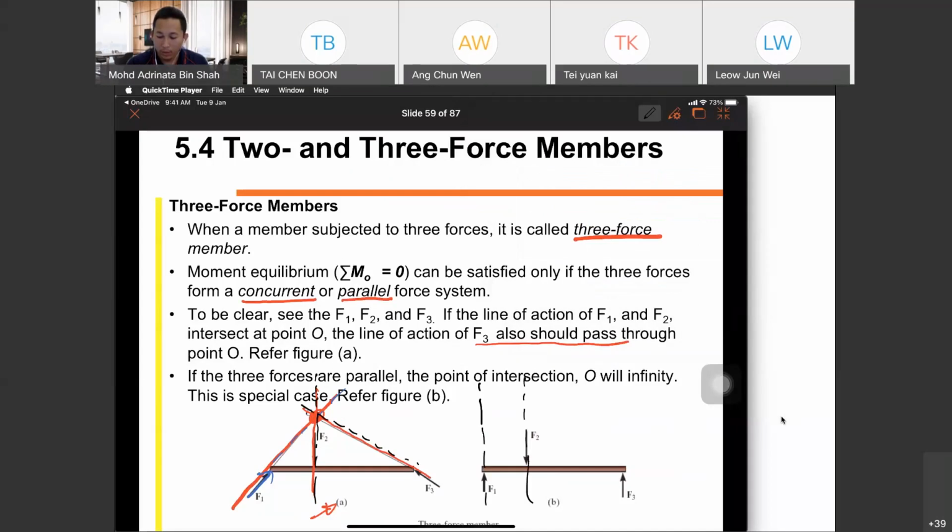No intersection, no concurrent, no point of intersection. This is what you want to do, because the summation of moment must equal 0.